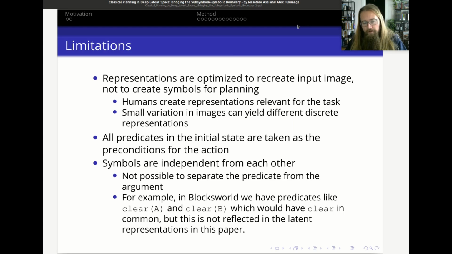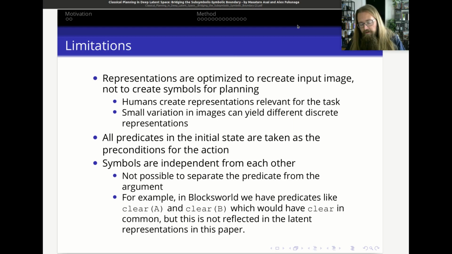And this brings us to the last point here. All the symbols are independent from each other. You can see them as orthogonal in the latent space. But if we again go to blocks world as an example, we can have two predicates, clear A and clear B. And we have this lifted predicate, right?